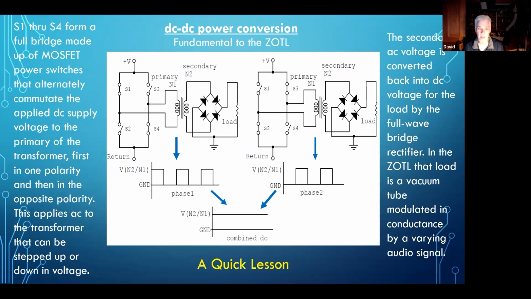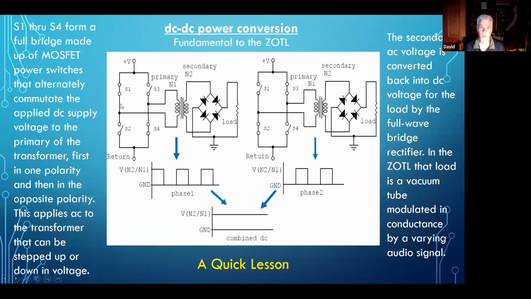This applies AC to the transformer that can be stepped up or down in voltage. The secondary AC voltage is converted back into DC voltage for the load by the full wave bridge rectifier. In the ZOTL, that load is a vacuum tube modulated in conductance by a varying audio signal.